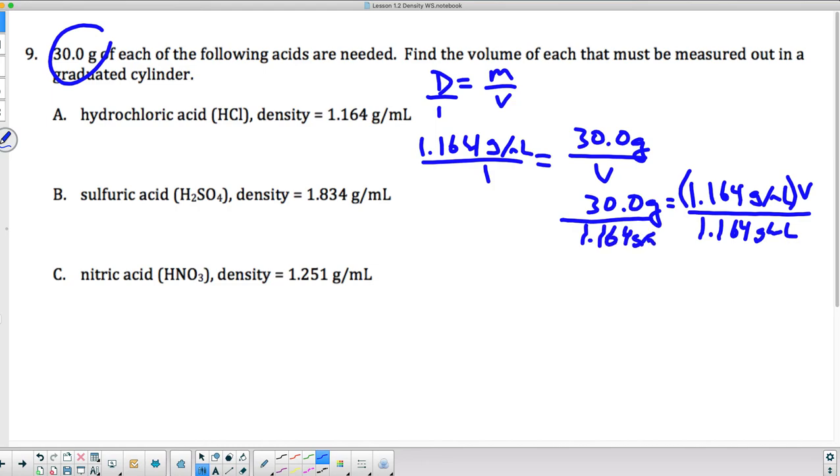Then 30 divided by 1.164 equals, and here's a good example of where to round off. The answer to this will be 25.77, but because I have 3 significant figures, I go to 25.8, and that will be in milliliters, like that. And that's how I do that. And you do B and C exactly the same way.